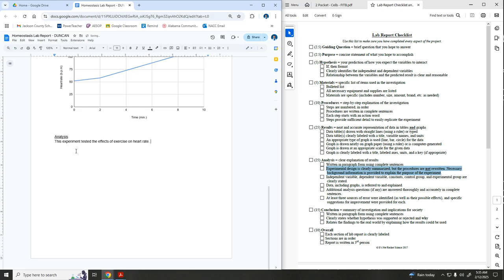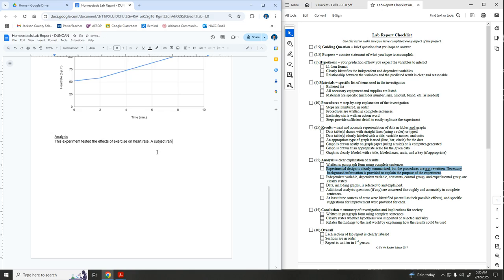So the effect of exercise on heart rate, exercise on temperature. And here is where you will insert, well, I guess we need to do a better summary. This experiment tested the effects of exercise on heart rate, a subject, and then just kind of talk through what you did.